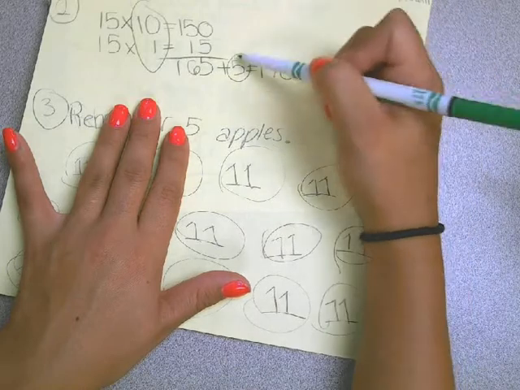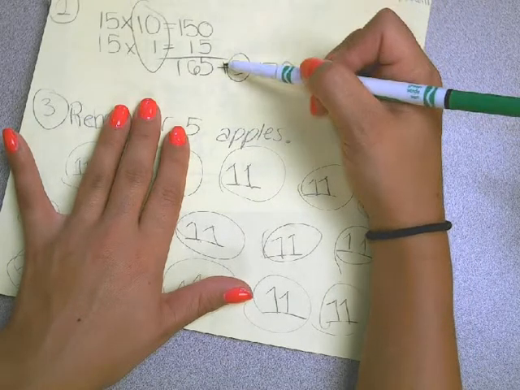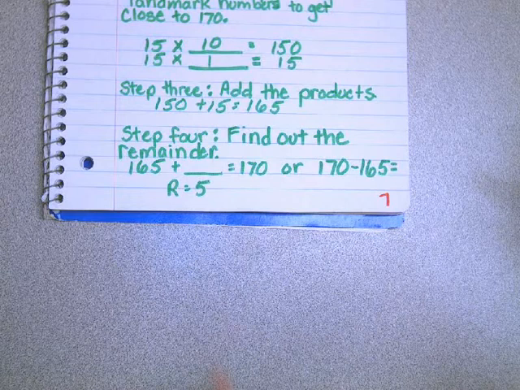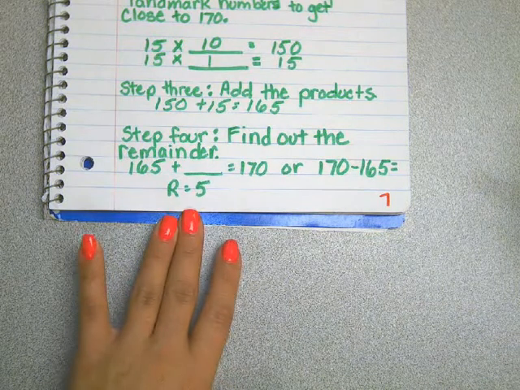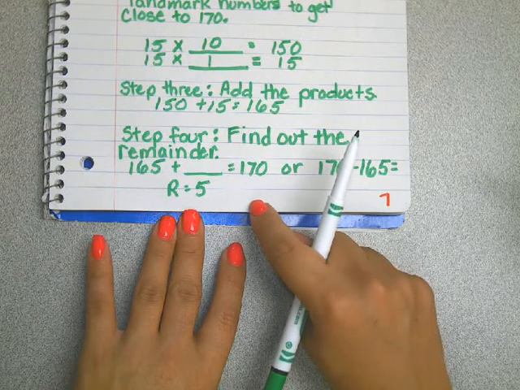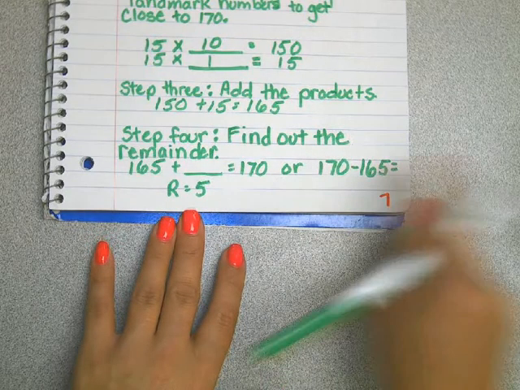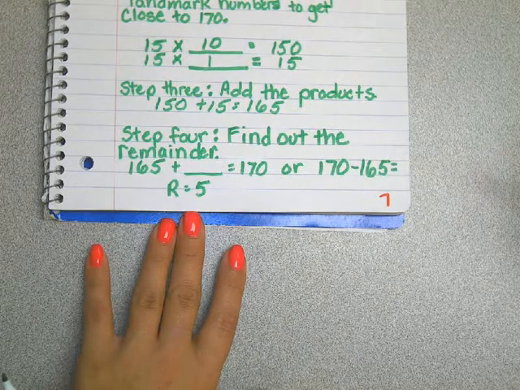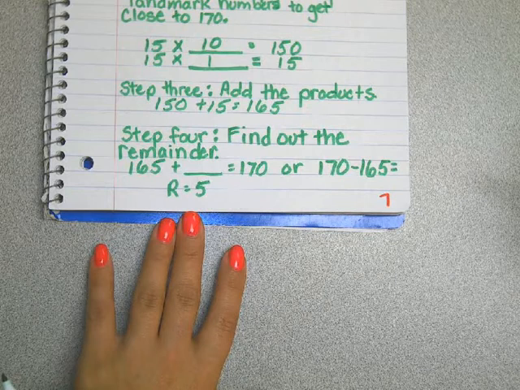Okay. When you're showing your work, I want to show you what Allison did. I liked how she circled the 10 and the 1, and I could see what she added, and she found her remainder. So for step 5, we're actually going to copy that.